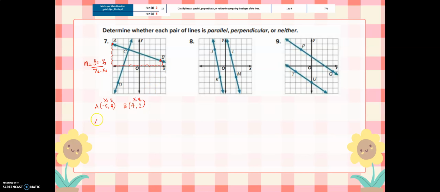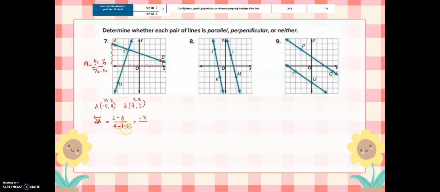Now we are able to get the slope of line AB by following the formula. So y2 here is 1 minus y1 is 4 over x2 is 4 minus x1 is -5. And this would be equal to -3 over, as you can see here, two negatives right here. Negative times negative becomes positive.